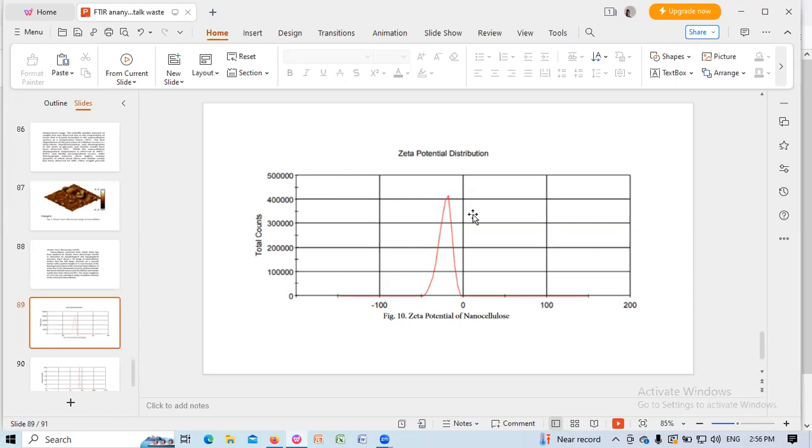The nanocellulose zeta potential is minus 22.2 millivolt, so it is moderate stability.